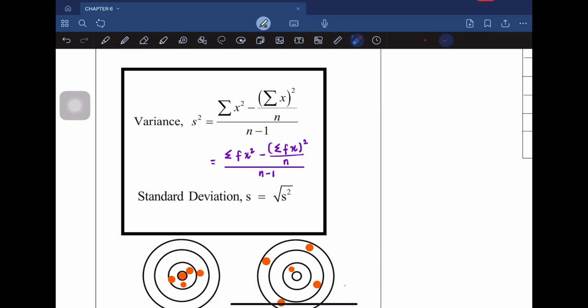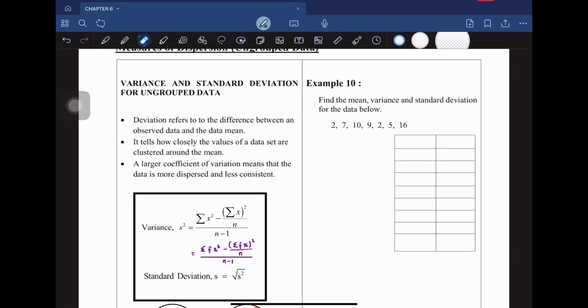So this is the formula for variance. And for the standard deviation, it is just the square root of s squared, which is the square root of your variance.